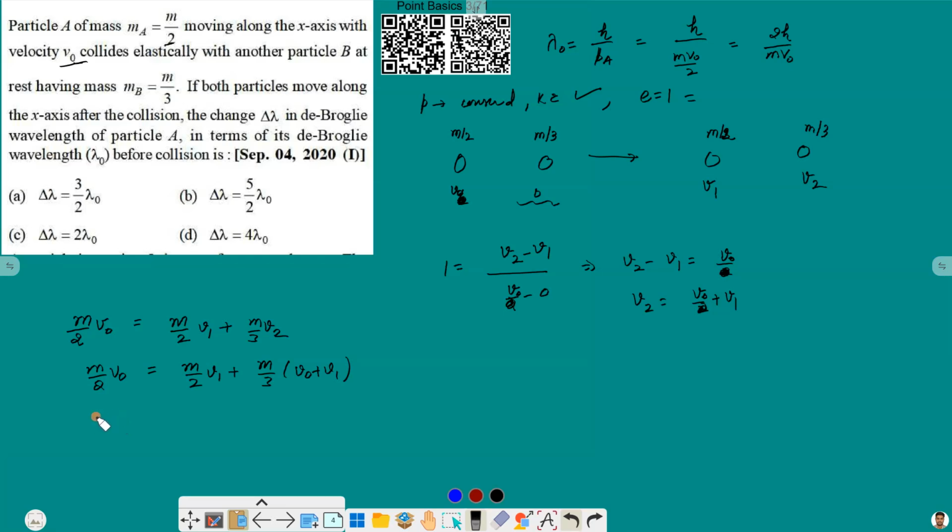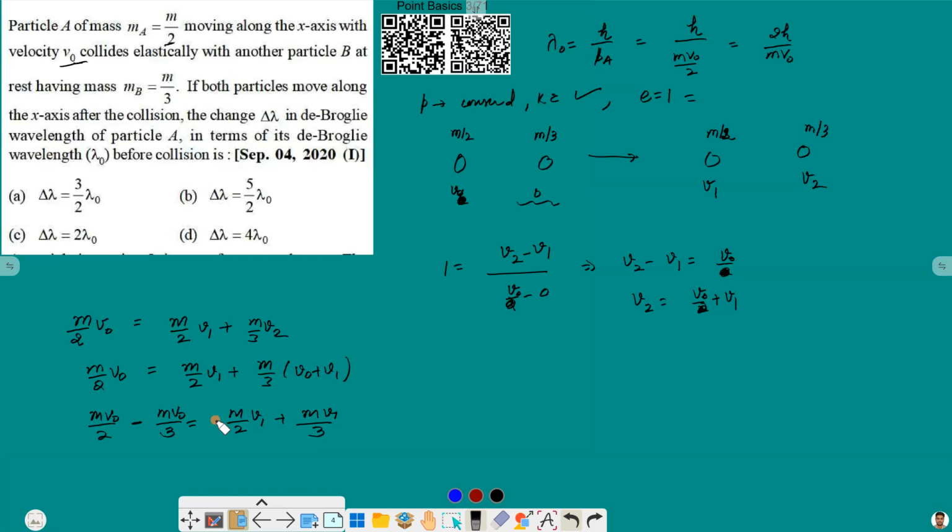So this will give us m v naught by 2 minus m v naught by 3 will be equal to m by 2 v1 plus m v1 by 3.